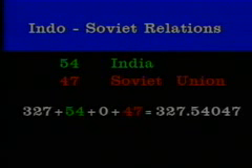The directions are to add the area notation to the base number, and to the result, add the second country with the use of a 0. The number then will be 327.54047, where 327 is foreign relations, 54 stands for India, 0 is the connecting symbol, and 47 is the Soviet Union.